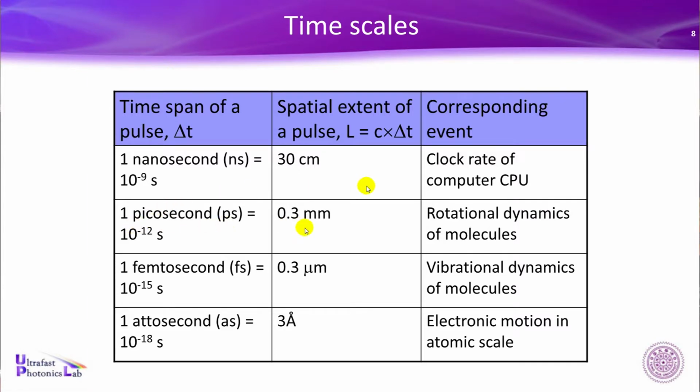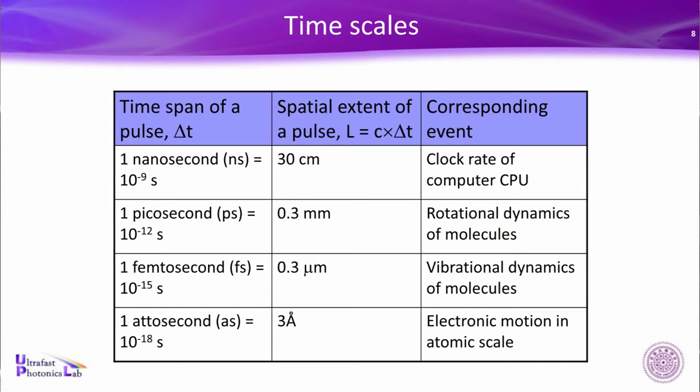But if you reduce the time span to 1 picosecond, 10 to the minus 12th second, your spatial extent reduces to 0.3 millimeters. You know 1 millimeter is the finest scale on your ruler. It's only about 30% of that unit. It's very small. And the corresponding physical event is the rotational dynamics of many molecules.